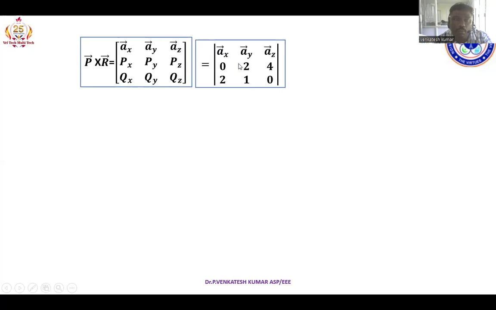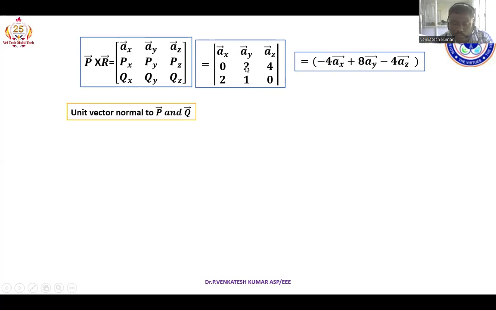Next we minimize the matrix: ax vector, 2 cross 0 is 0, so minus 4ax. Then we remove 0, 0, minus 8, minus of minus, plus 8ay. So that is the P cross R vector.